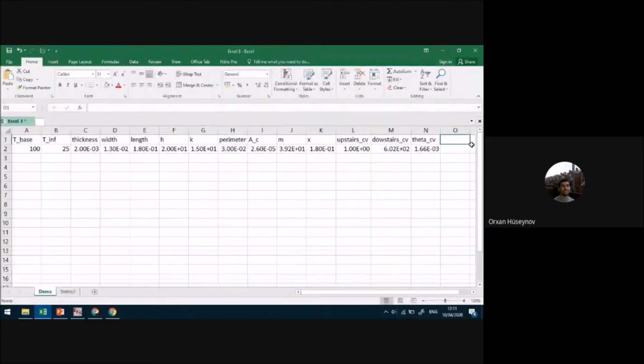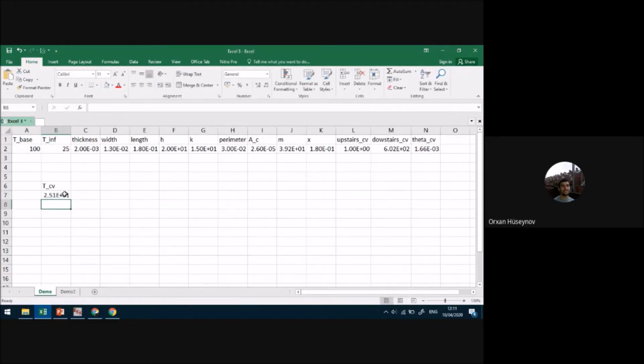Okay. So I'm calculating here the T for CV. This is the result of the CV calculation. I will do the same thing for adiabatic tip and then see the difference. This CV will be T at the base minus T at infinity times the temperature that we have here plus the infinity temperature, T infinity.